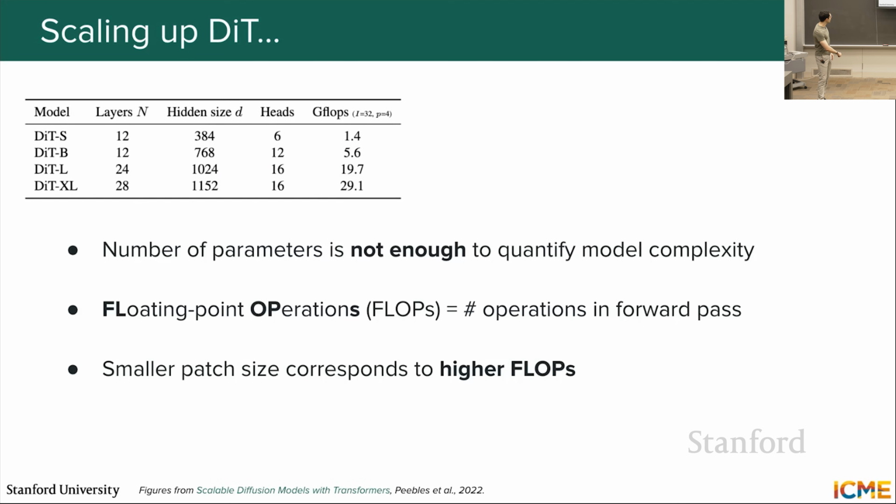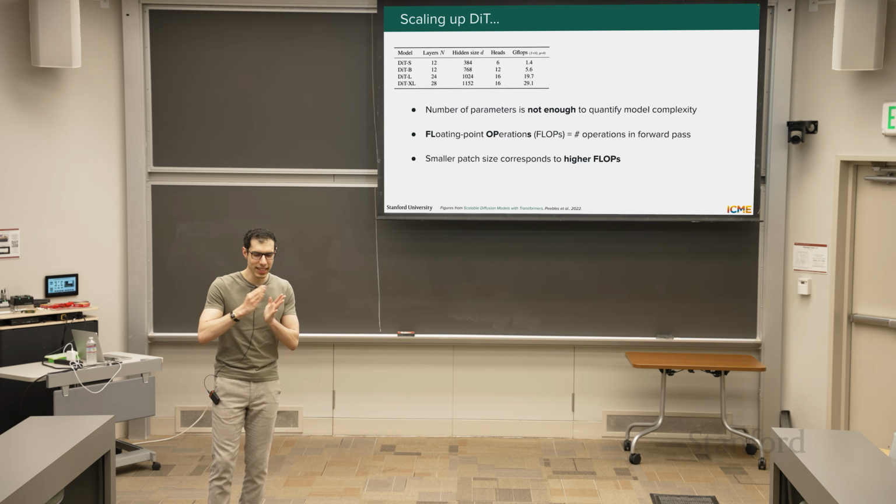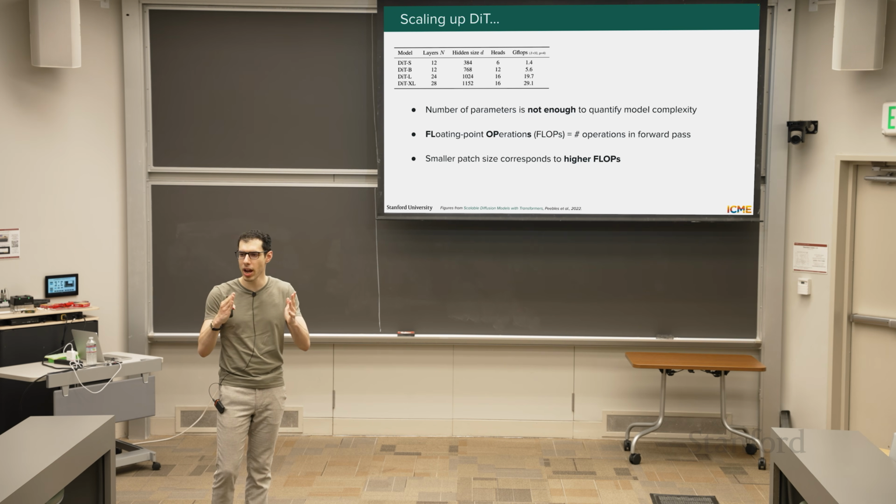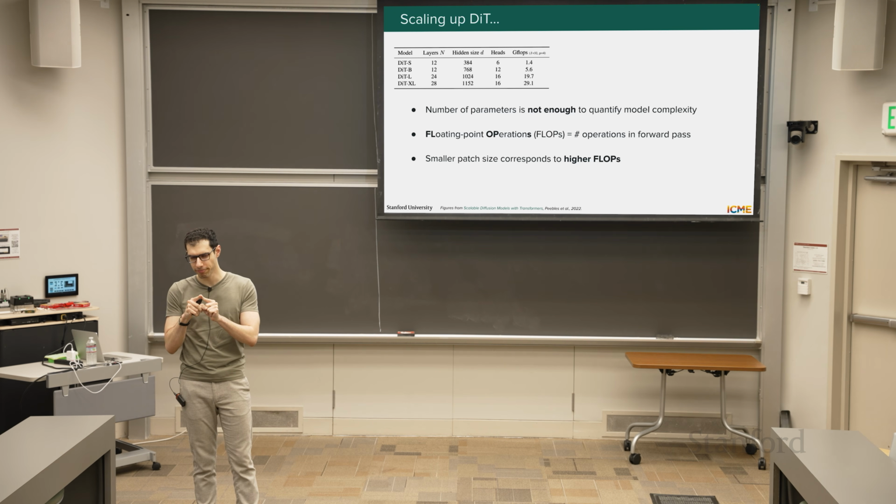And what the authors saw was that if you take the DiT architecture and if you scale it in terms of number of parameters, then you get better and better results. And they scaled it in terms of number of parameters, but they also scaled it in terms of how granular the patches were.